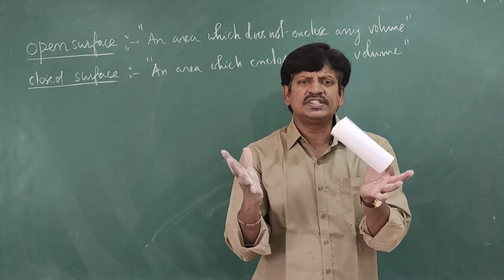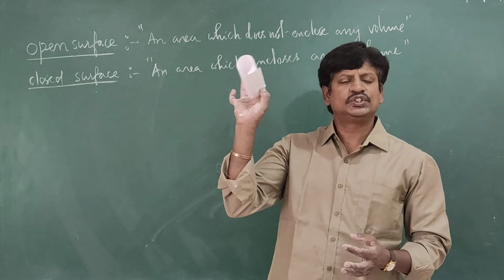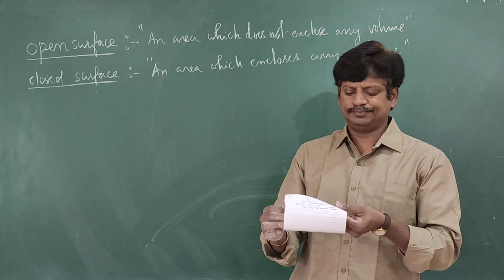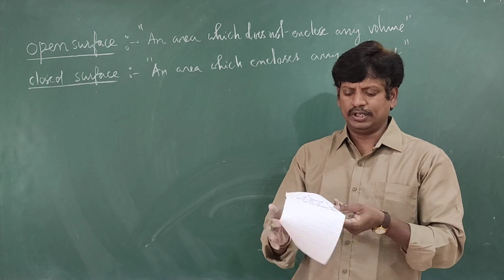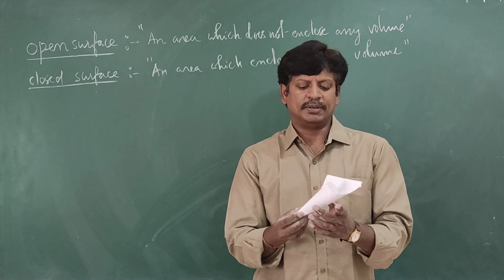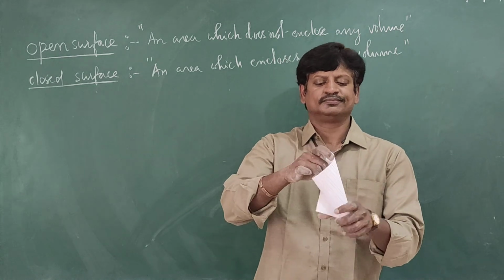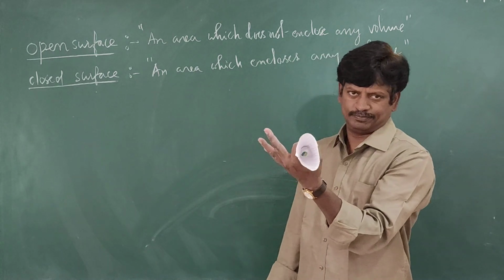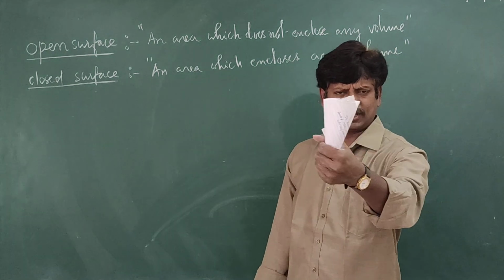It is not closing any volume, so this one will become open surface. For example, maybe at home you are free, you might be making popcorn. Let's say this shape, cone shape. Is it open surface or closed surface?